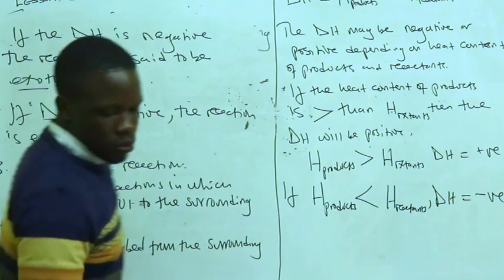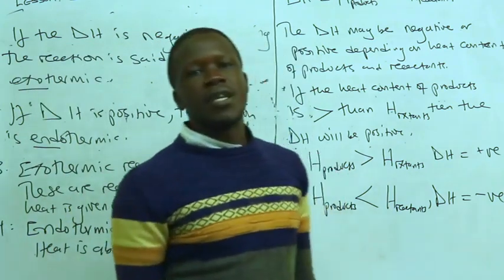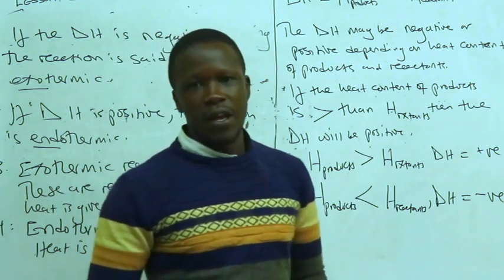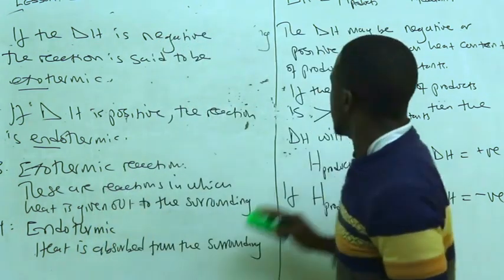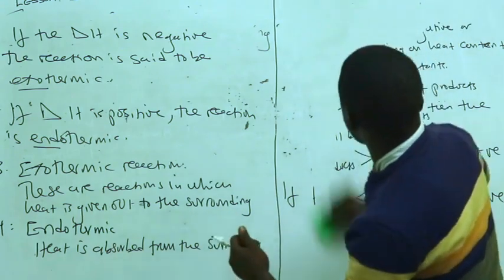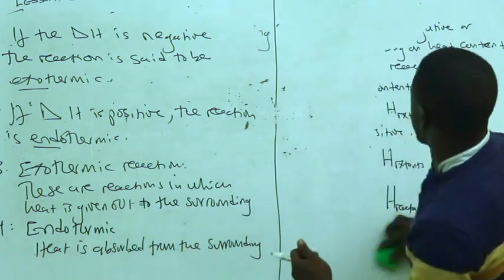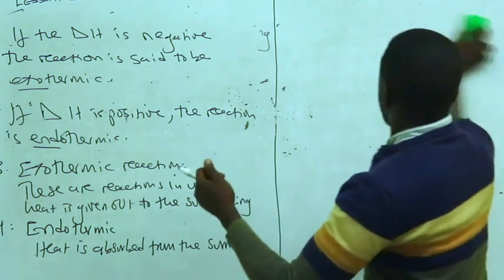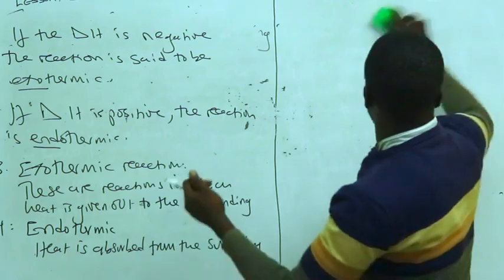Now, these two terms can be illustrated on what we call a reaction profile. A diagram showing the changes in potential energy during the reaction for exothermic and endothermic reactions is called a reaction profile.